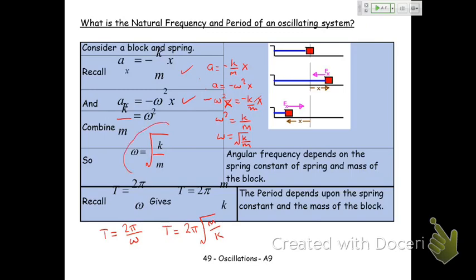This is K over M for the frequency, and this is M over K for the period. And that does make sense because the period is the inverse of the frequency.